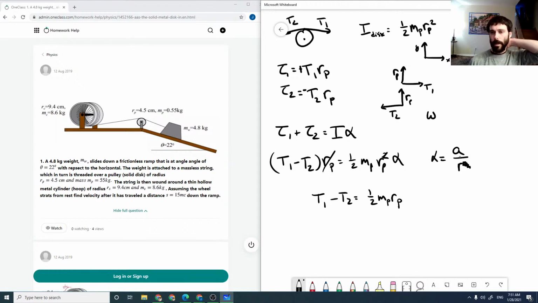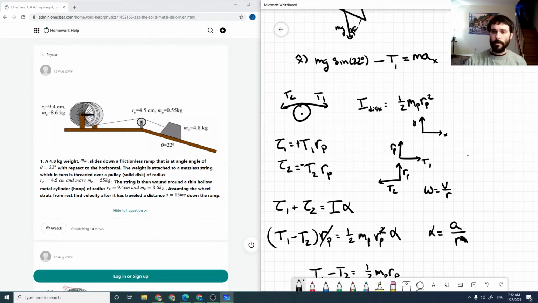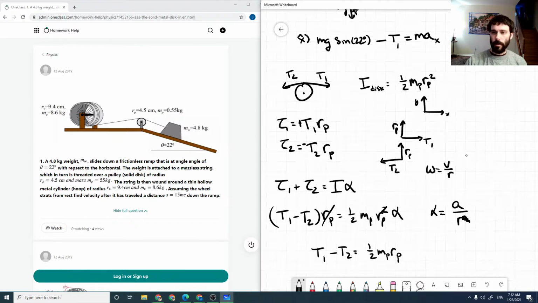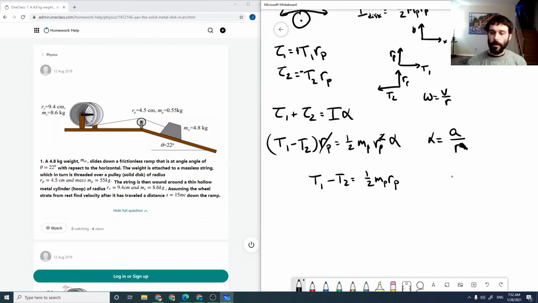Right, so just as omega is v over r, our alpha is a over r. And this acceleration is the same acceleration as we saw in the previous, right? Because our entire system is going to have this acceleration, so a over RP. And so it's 1/2 MP a.